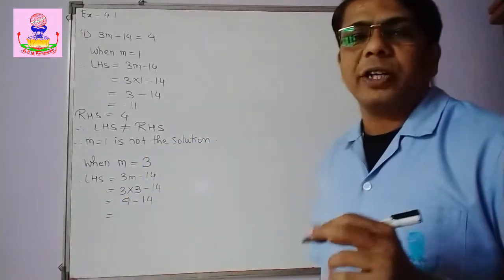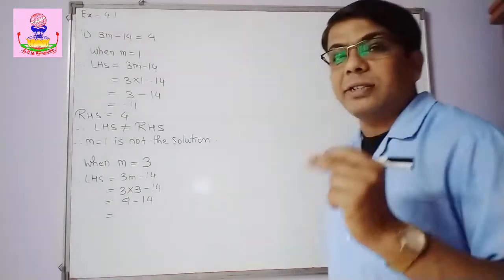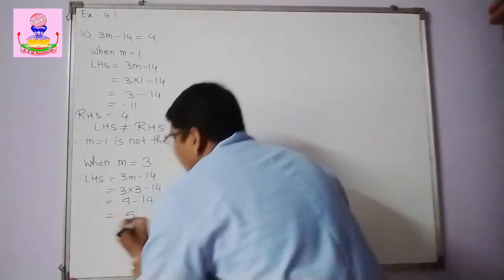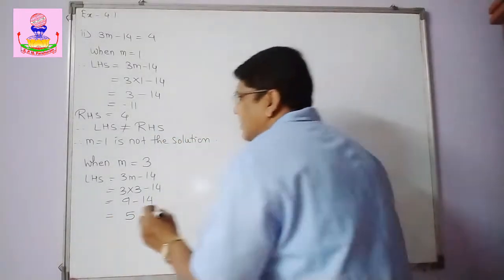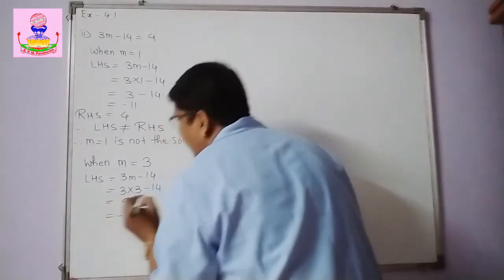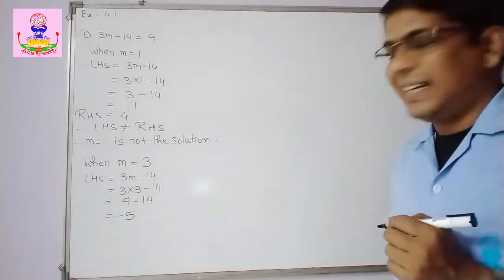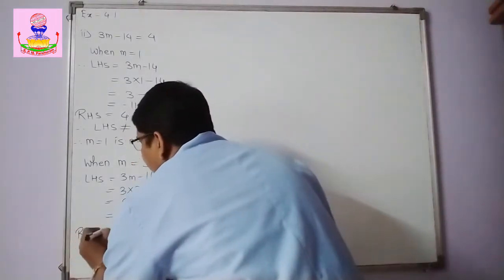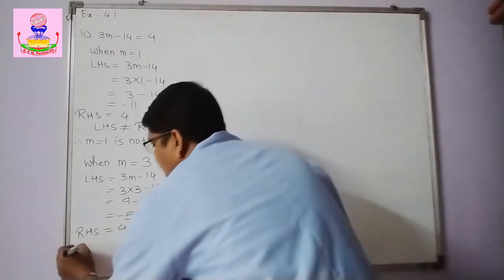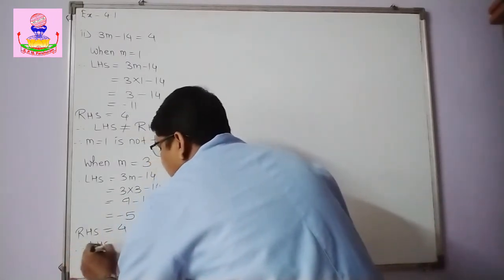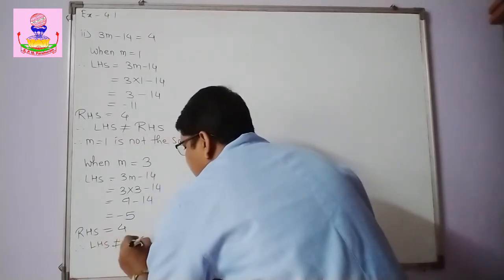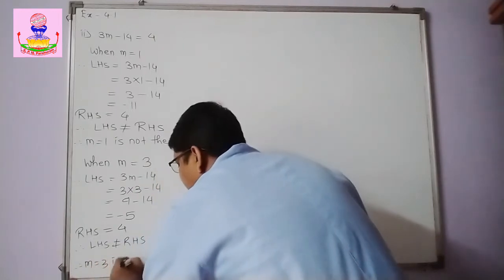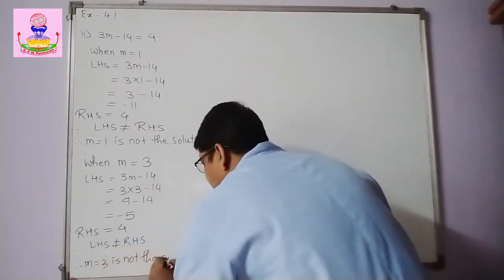Again difference in sign, go for subtraction. 14 minus 9, 5. The bigger number is 14, sign minus. Again RHS is 4. Therefore LHS is not equal to RHS. So m is equal to 3 is not the solution.